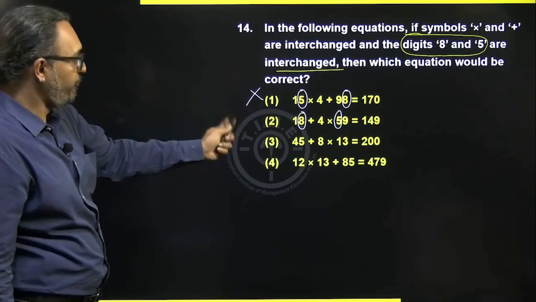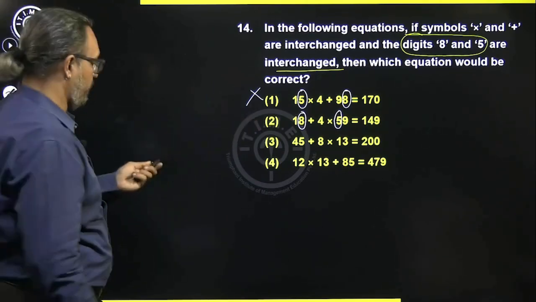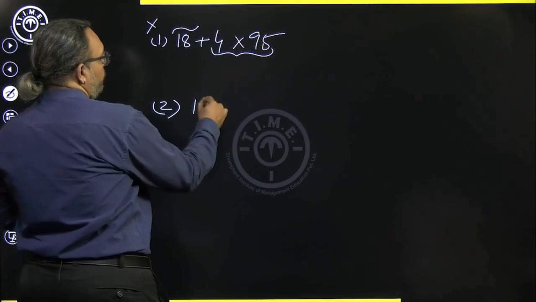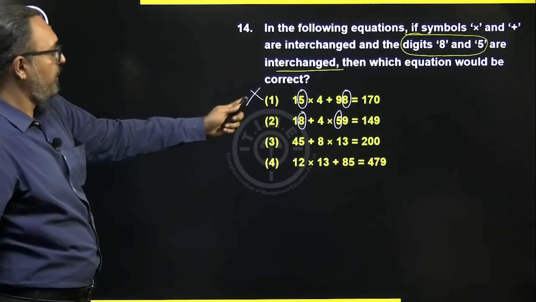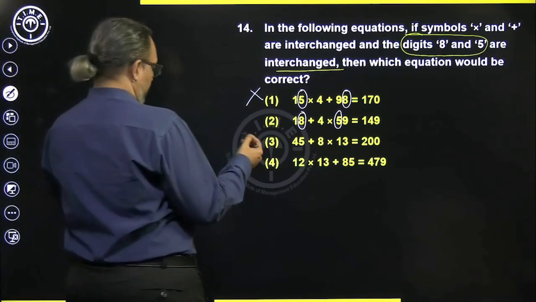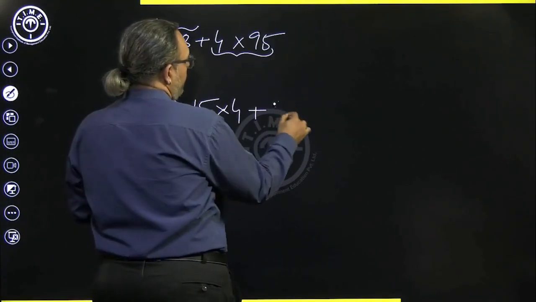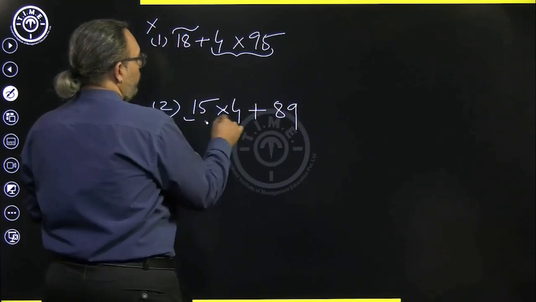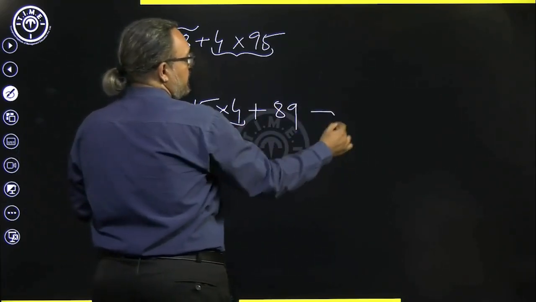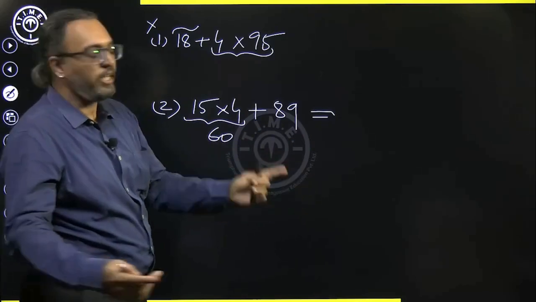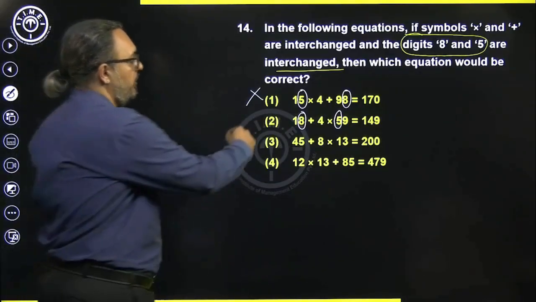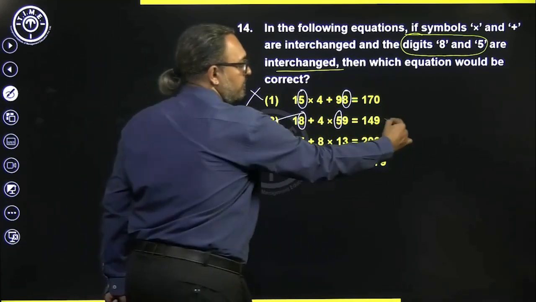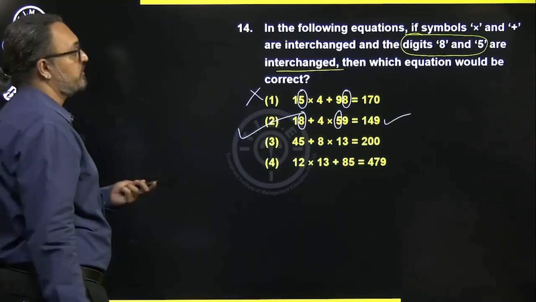So this is 15 into 4, the second option, 15 into 4 plus, and then you have 89. So 15 into 4 is 60. What is 60 plus 89? 60 plus 90 is 150. 1 less than 150 is 149. Do I have 149? Yes. Then that is going to be my answer. Choice 2 works.